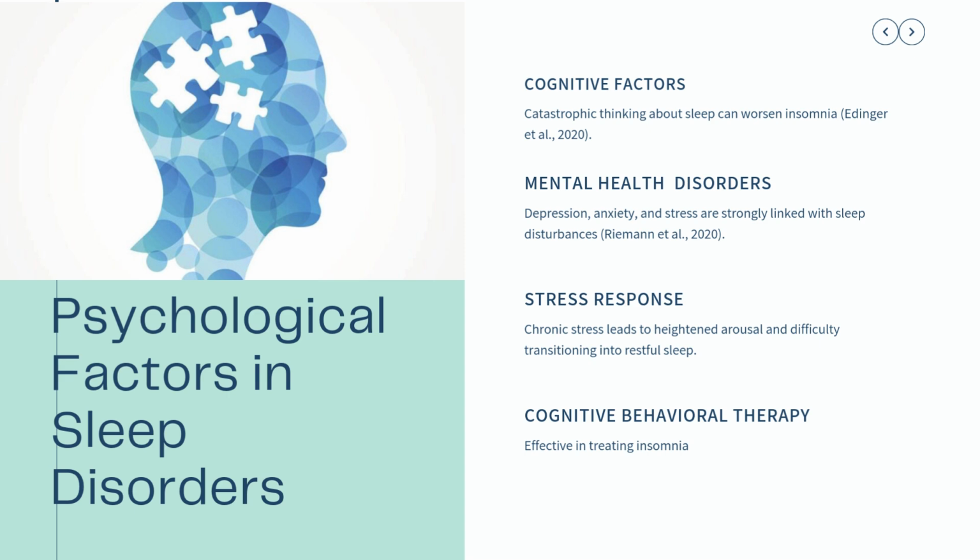And in fact, people with insomnia are at greater risk for developing depression and vice versa. Chronic stress can also lead to heightened arousal, and that's making it harder for the body to transition into the relaxed and sleep-ready state necessary for quality sleep.